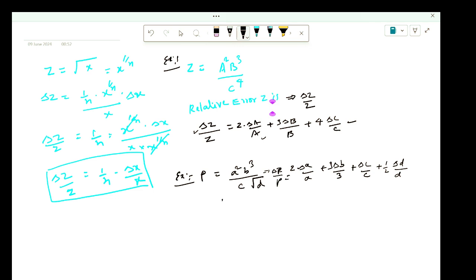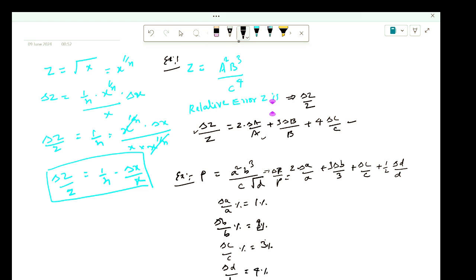So now suppose the percentage error dA by A is equal to 1%, consider it like that. And dB by B is equal to 3%. Similarly, dC by C is equal to 3%, or 1, 2, 3 or something. This is 2%, this is 3%. However, you take, it is only substitution. Then dD by D is equal to 4%.